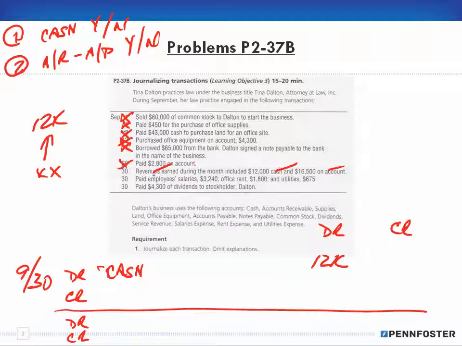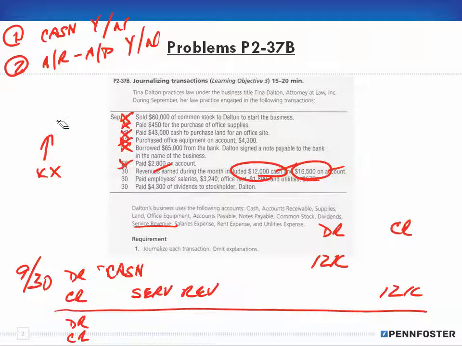Well, what am I doing? I'm making a sale and I'm earning revenue. So I look at my revenue accounts and I have a service revenue. So I'm going to credit service revenue for 12,000. That took care of the cash portion, but I also have 16,500 on account.